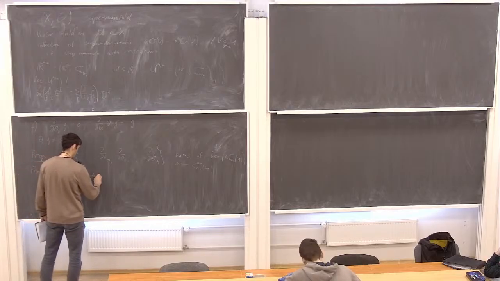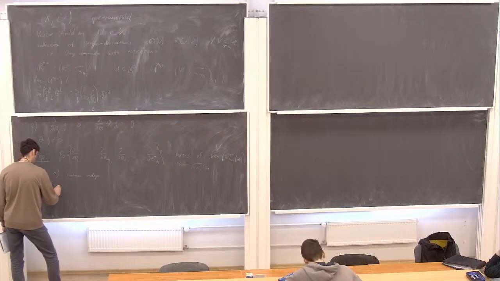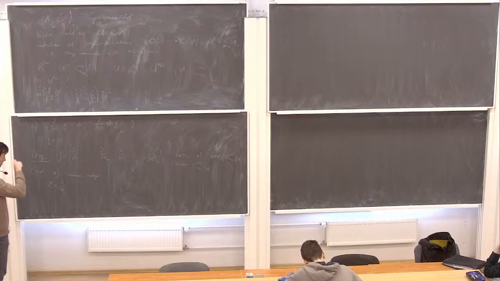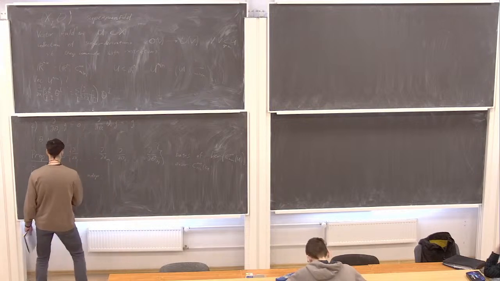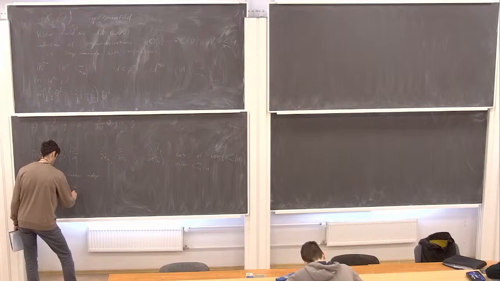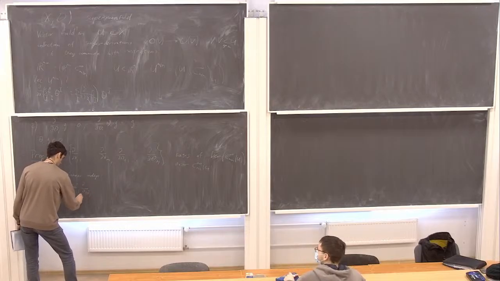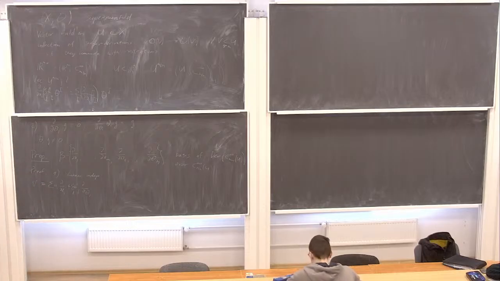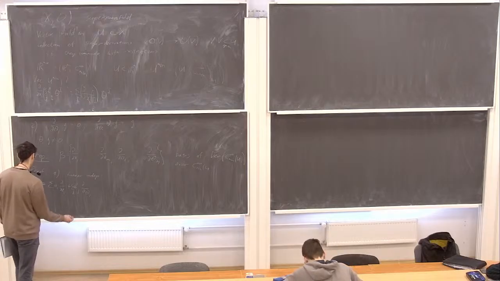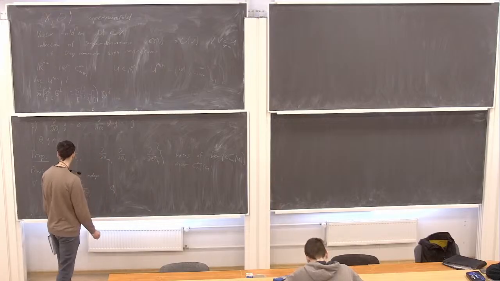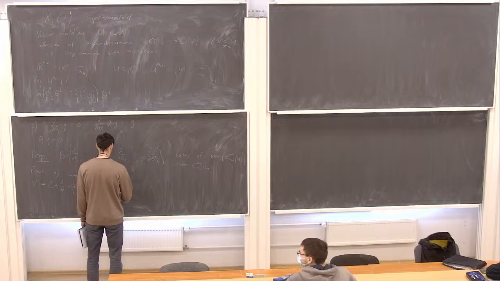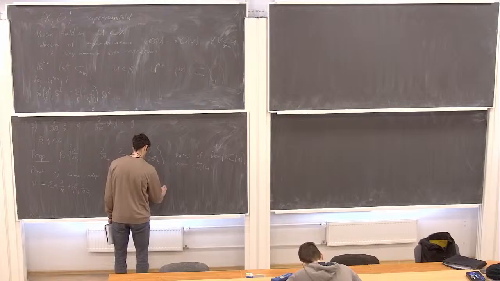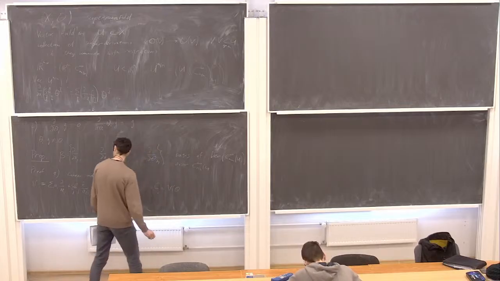If I have something like the sum of a_i d over dx_i, where these are elements from C infinity M n of U, plus the sum over j of b_j d over d theta_j, and suppose that I have such a derivation v, then really a_i is just an application of v to x_i, and b_j is just an application of v to theta_j.